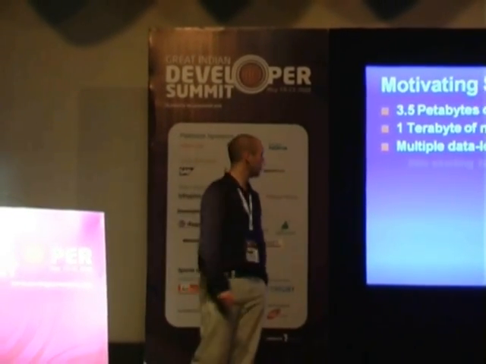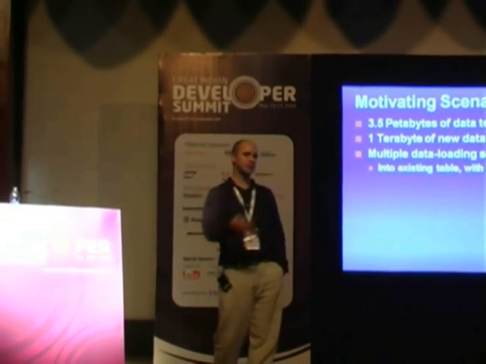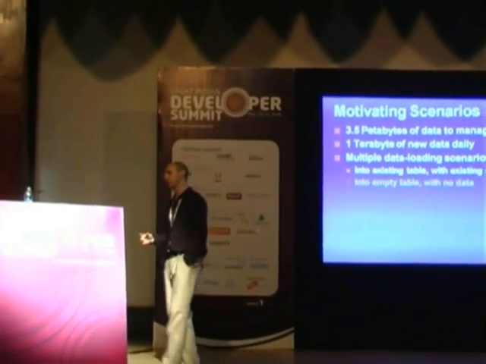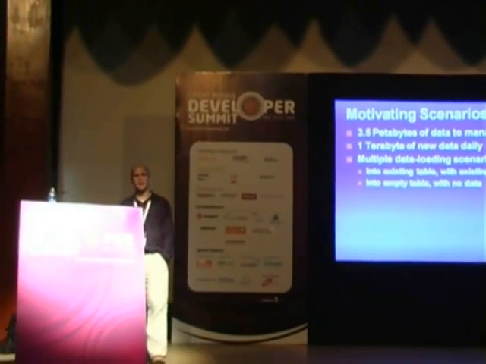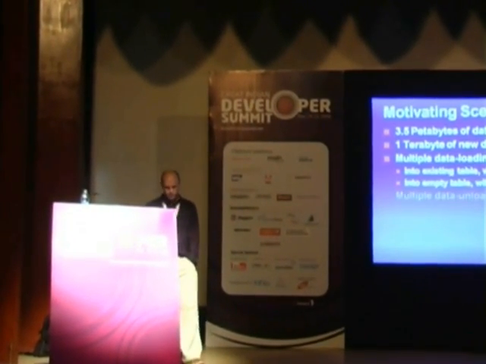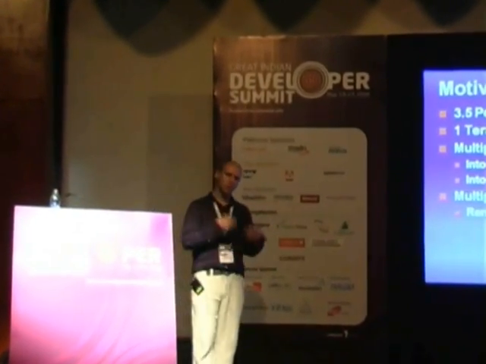Multiple data loading scenarios. So you have the scenario where you need to load data into an existing table with existing data. You also have the scenario where you need to load data into an empty table or a new table where there is no data existing. Similarly, you have multiple data unloading scenarios where you need to roll data out either for an entire table or only portions of the table.